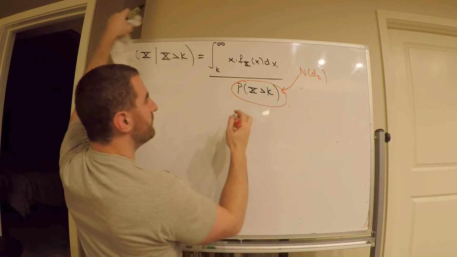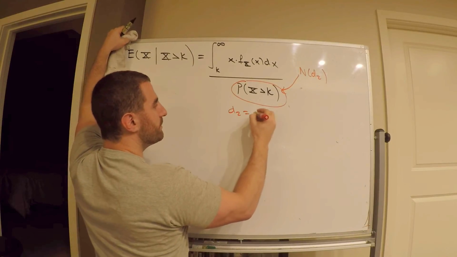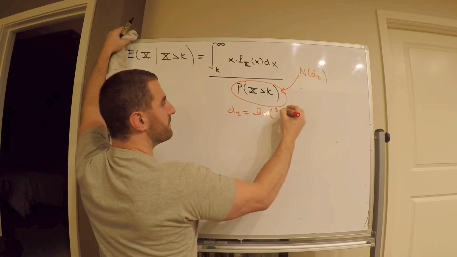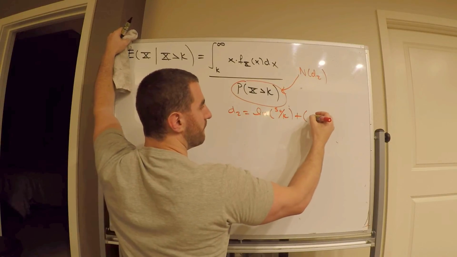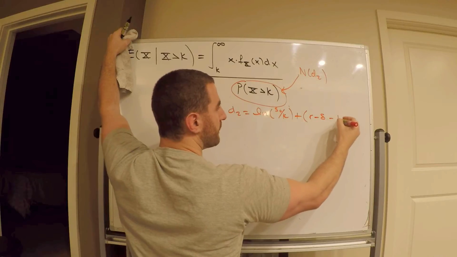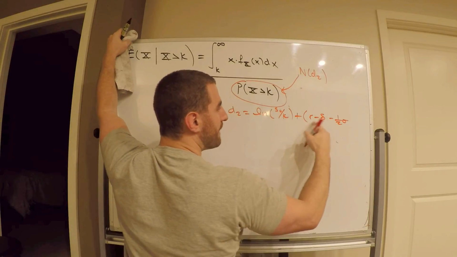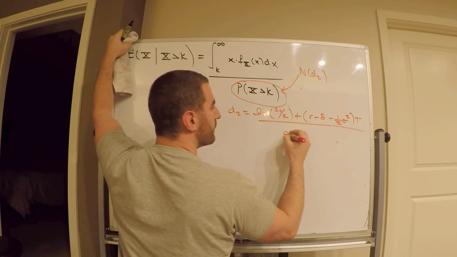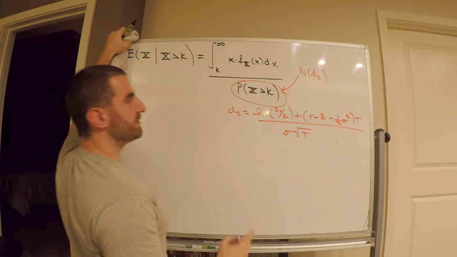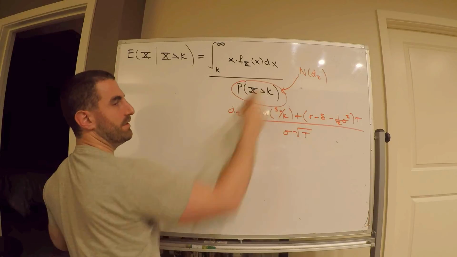Okay, d2 is equal to ln of S0 over K plus r minus delta minus 1/2 sigma squared T all over sigma square root of T. Okay, I want you to show that this piece is n of d2.